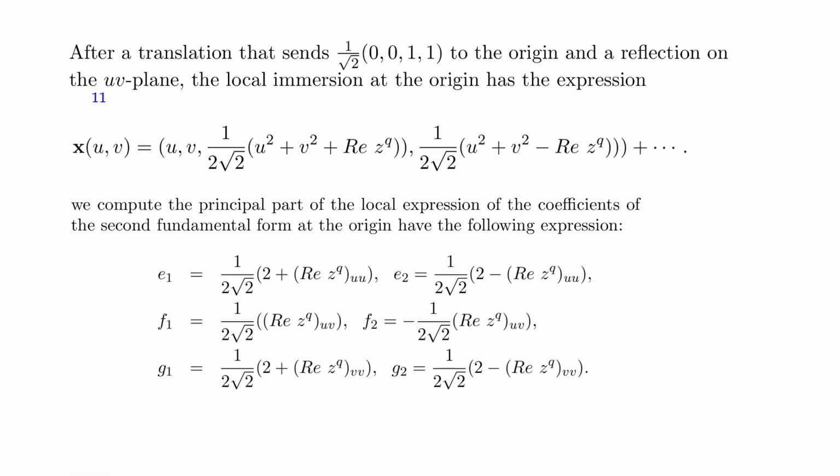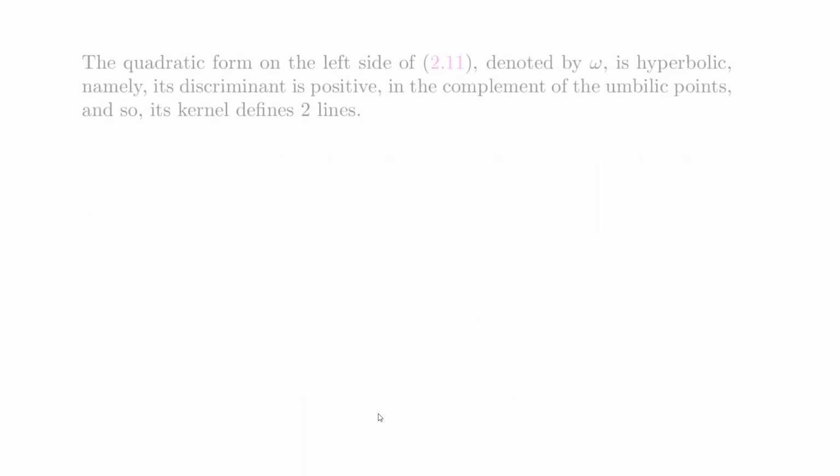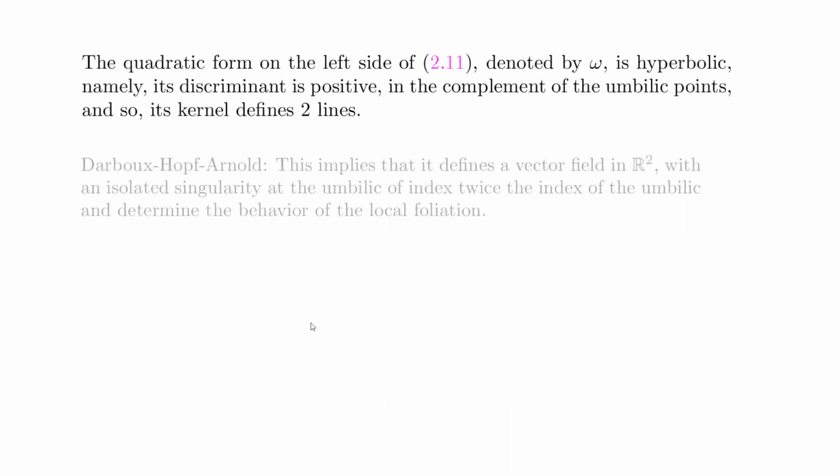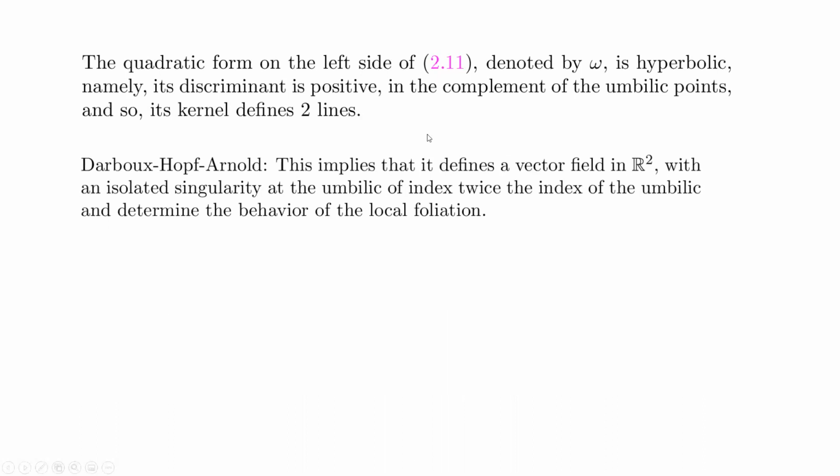in the differential equation. So we get the local description of the foliation by means of the following analysis. We use the Darboux-Hopf-Arnold results, which imply that the quadratic differential, which is hyperbolic in this case, the differential of lines of curvature, defines two lines out of the umbilic point.